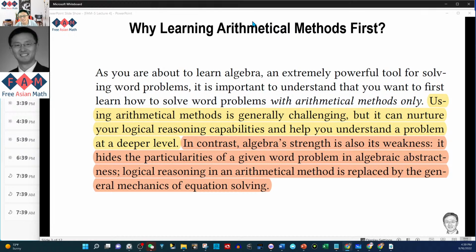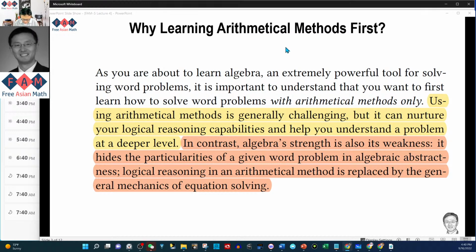Once the equations are written, you just solve them through a very mechanical process. And that kind of wipes out all the inherent logical reasoning feature of the word problem. So, in other words, if you only know how to use algebra, you cannot actually understand the problem at a deeper level. So, much promotion of the arithmetical methods.